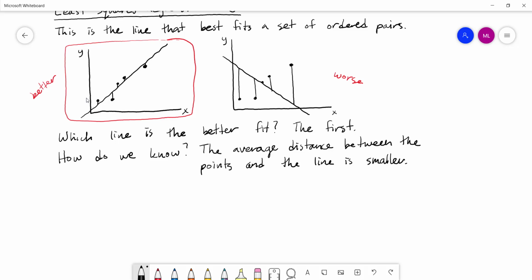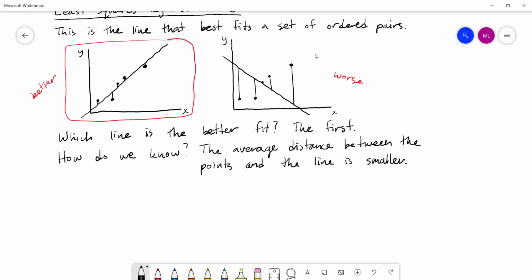That's how we know. All these little distances, on average, are smaller here than they are over here. So that's basically going to be the way that we determine what the best fit line is. We want it to minimize the average distance.